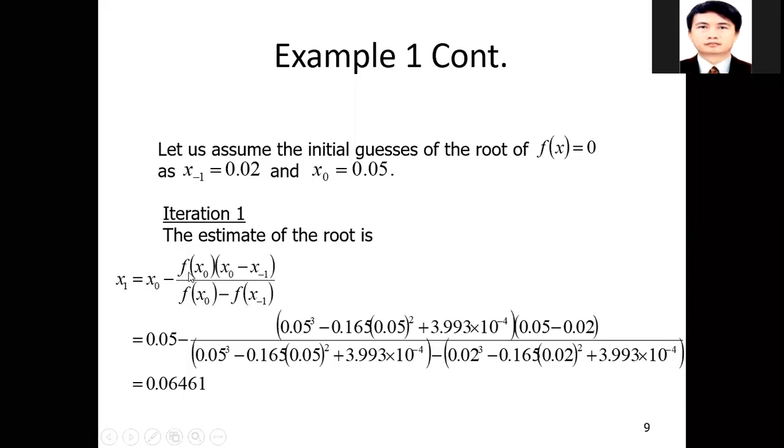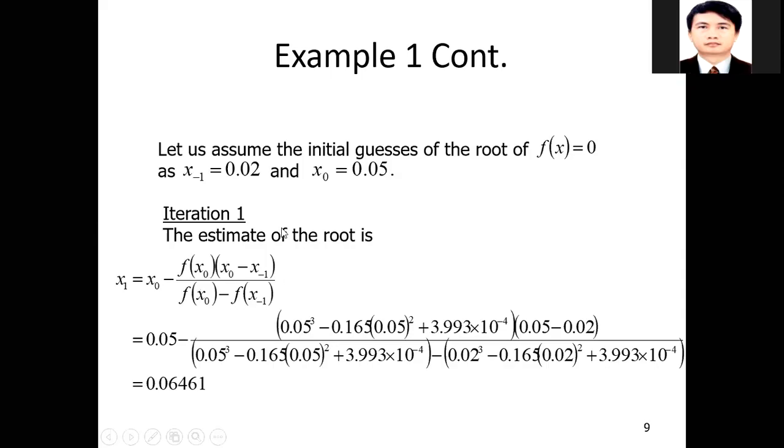Just set the i value to 0. Okay, you can generate this x sub 1 equals x sub naught minus f of x sub naught times x sub naught minus x sub -1 over f of x sub naught minus f of x sub -1.